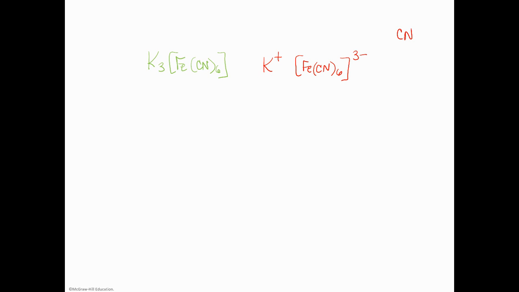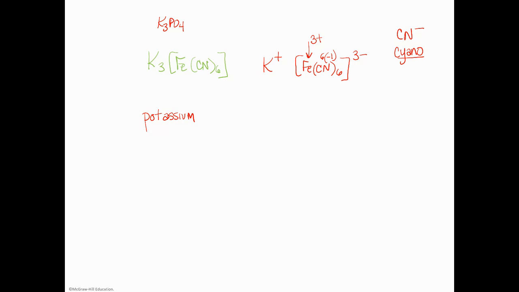CN is CN minus, which if you go back to the previous slides is cyanide, but we call it cyano for this. There's 6 of them at a minus 1, so that must mean that the iron is a 3 plus. So to name it, it'd be potassium. No prefixes on that. This is the equivalent, again, of potassium phosphate, where we don't give a prefix for the 3 Ks.